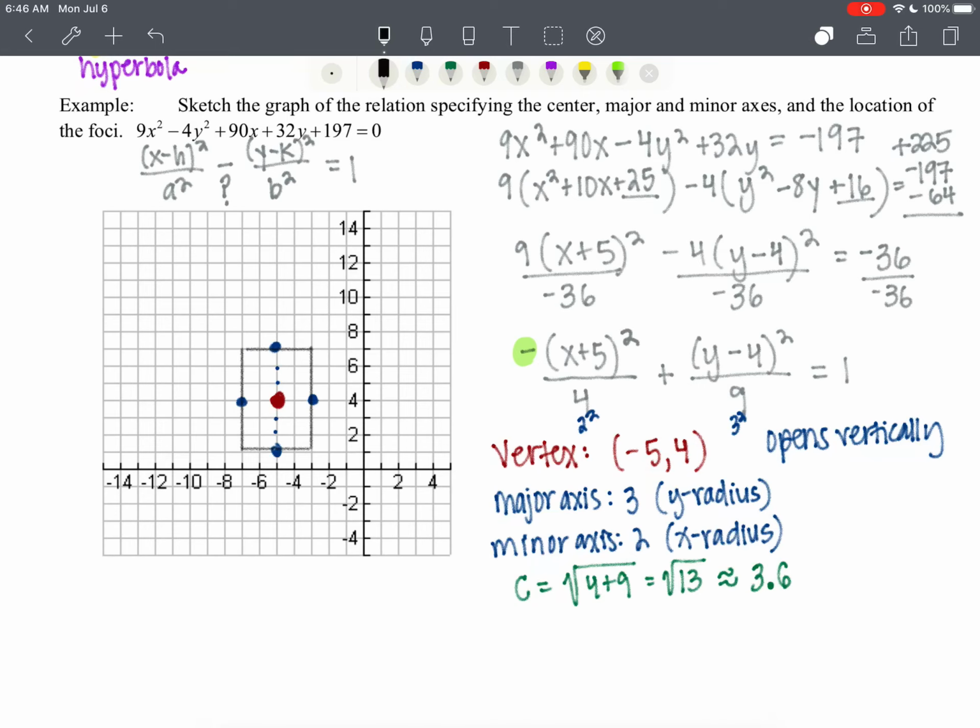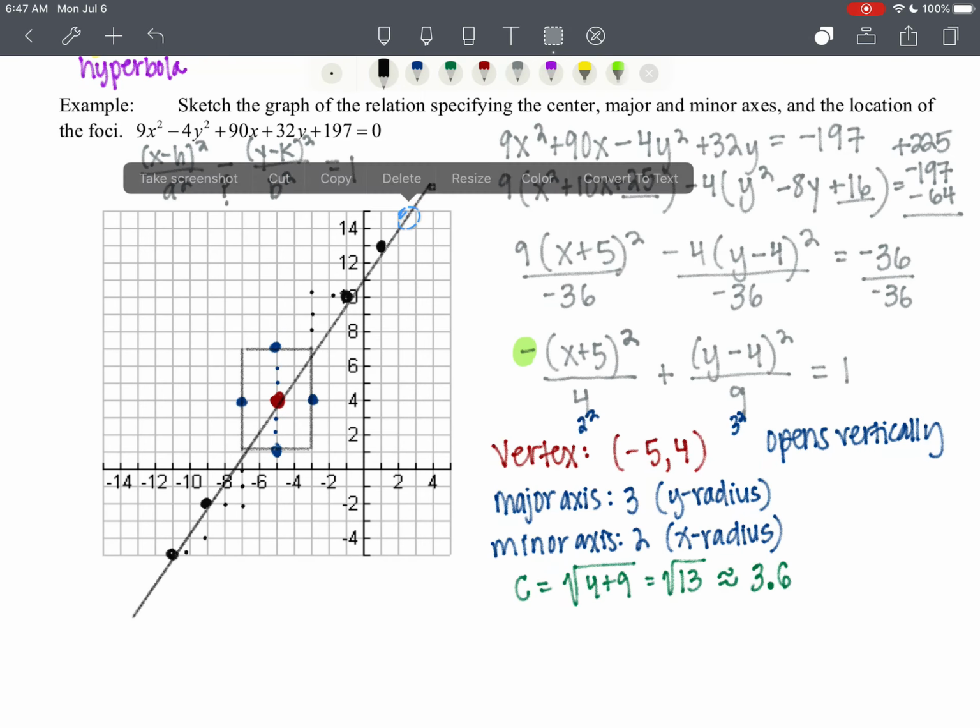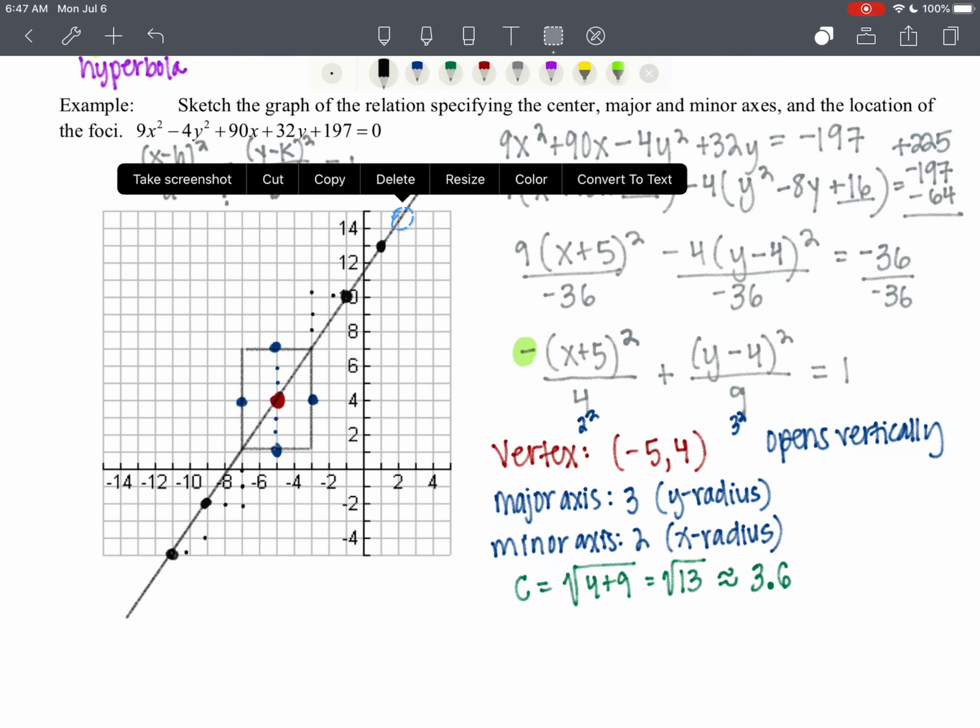And then our slope is up 3, right 2, and down 3, left 2, and we'll draw a straight line going through all of those points. There we go. Beautiful.